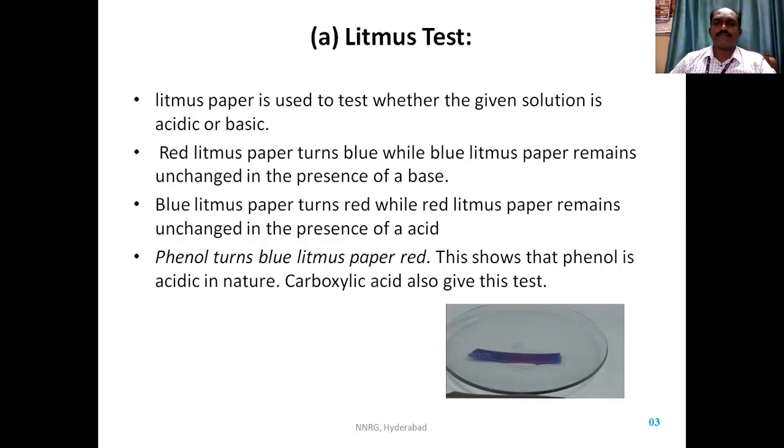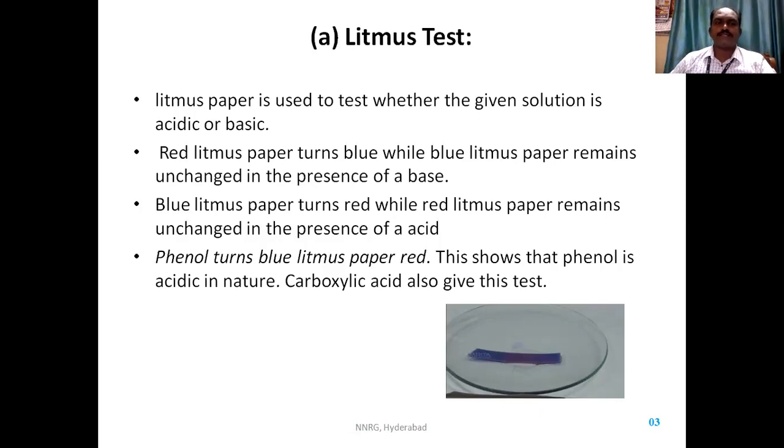Only red litmus paper turns blue. Whereas for an acid, blue litmus paper turns red. Whenever you drop an acid on blue litmus paper, it turns red. If you drop an acid on red litmus paper, it remains unchanged.